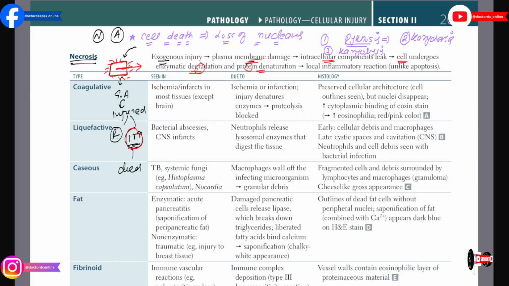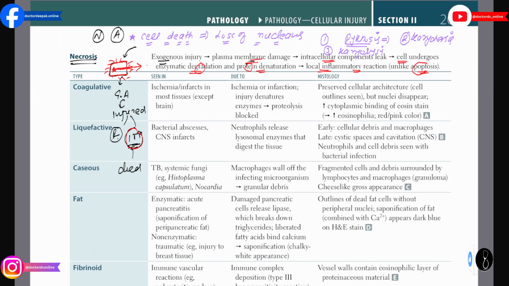And if there is some enzyme inside the cell, and it comes outside to the surrounding tissue, then the surrounding tissue will also become inflamed. So that can lead to a local inflammatory reaction. And this is the important difference. Apoptosis is also a kind of death, but we will study it later on. It will not lead to surrounding tissue inflammation, but necrosis can.